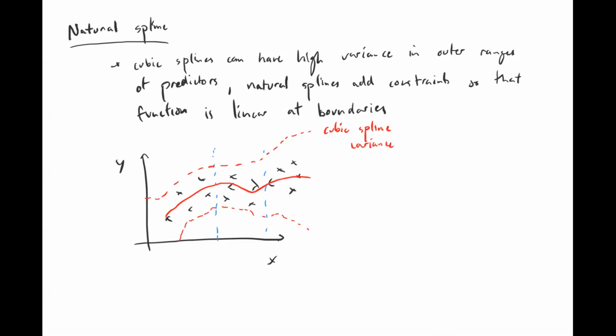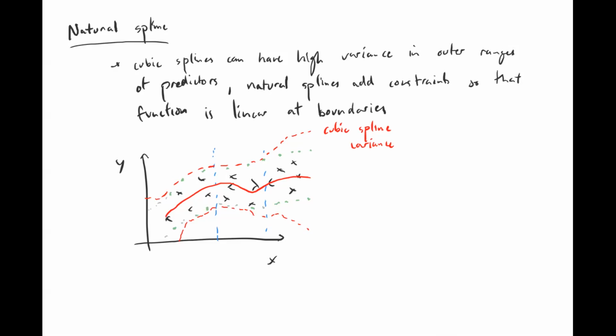But for a natural spline, it might be similar, but then it would become straight at the boundaries.